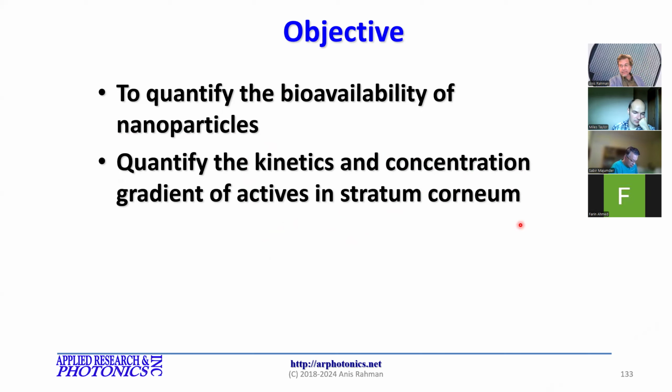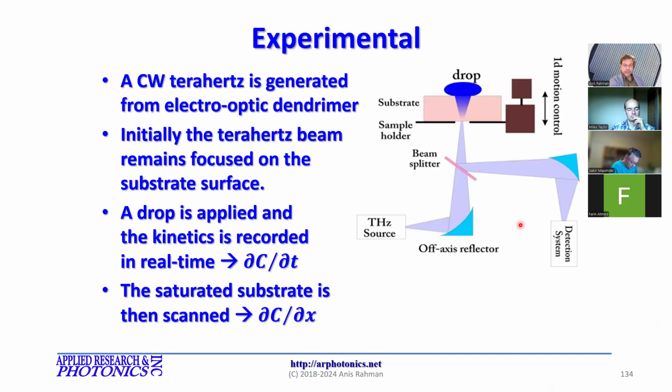So that is the barrier. If an analyte goes through the stratum corneum, that means it overcomes the barrier, then it can go into the bloodstream. That's the philosophy for transdermal drug delivery. So again, this is the experimental setup.